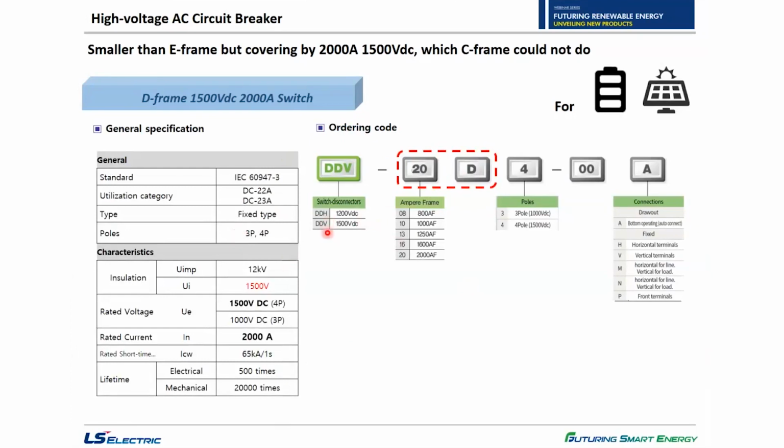For your reference, the 3-pole product might be the best solution for users who install a battery system below 12,000 volt DC. As I stressed earlier, we invite you to try our D-frame product for battery connection panels if you are currently carrying out an energy storage system project.